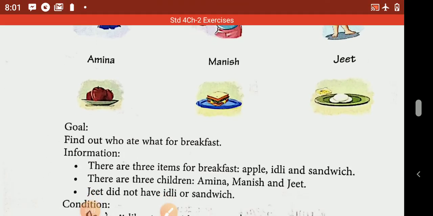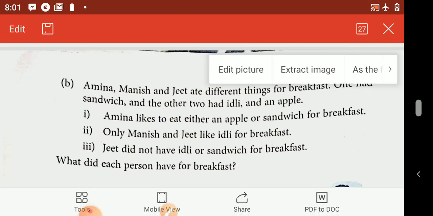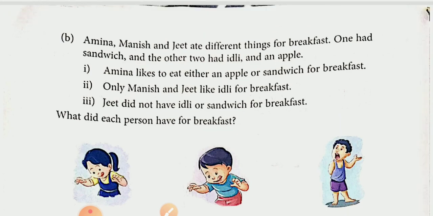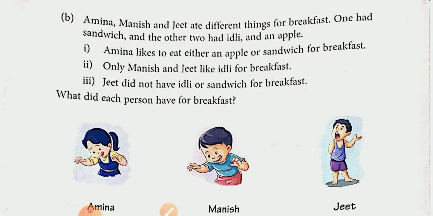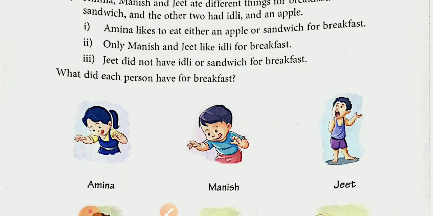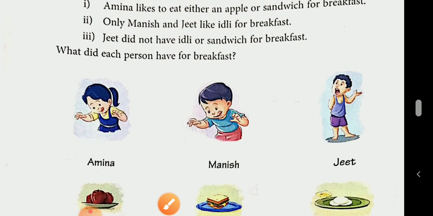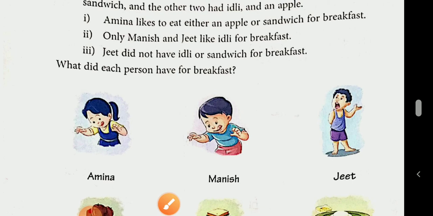And the last one: Amina, Manish and Jeet had different things for breakfast. One had a sandwich and the other two had idli. One had sandwich and the other had idli and apple. Amina liked to eat either an apple or a sandwich for breakfast.